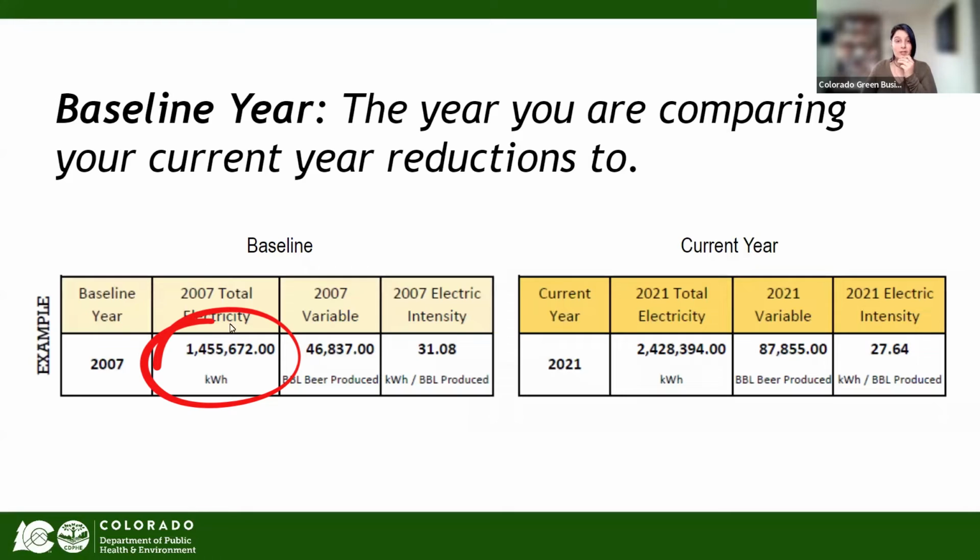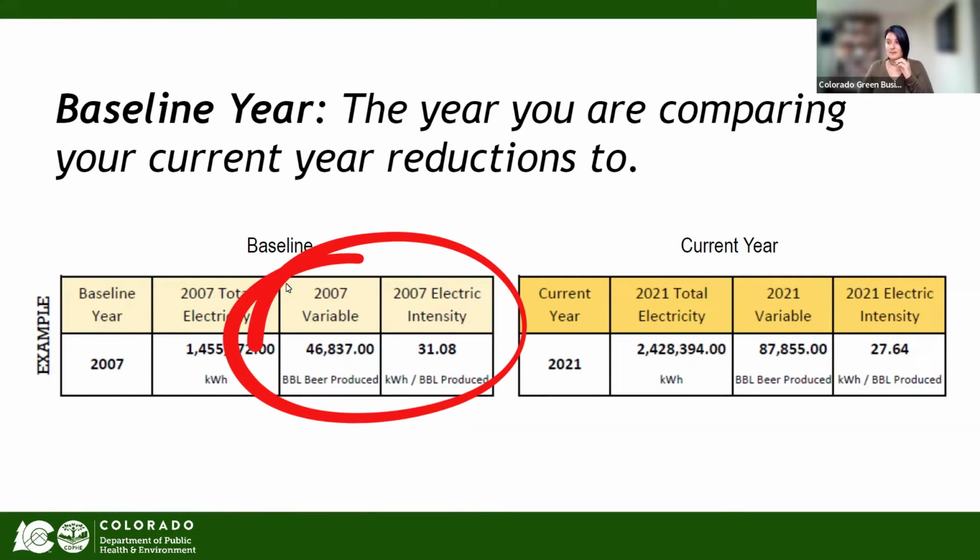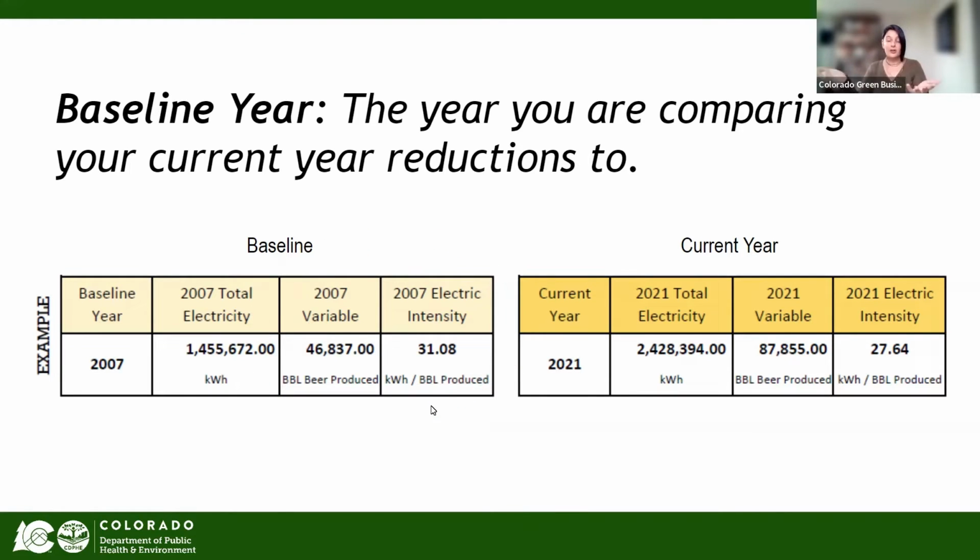We've got the total electricity use for 2007, and then we've got our use intensity metrics, which we'll talk a little bit more about in a minute here. But for a brewery, a good use intensity metric is per barrel of beer produced. So a use intensity formula is basically the thing that changes your energy use, right? If I produce more beer, I'm going to be using more energy in my operation.